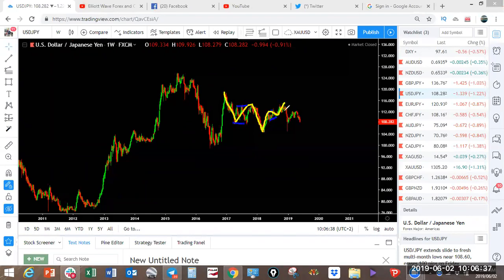Now, this year we had a move to the downside. We had a reversal here. So there's a possibility that this is going to make another move like this. So what does this do? This makes a W, X, Y structure. Possibly even retest the previous low here. You have here an impulsive move.